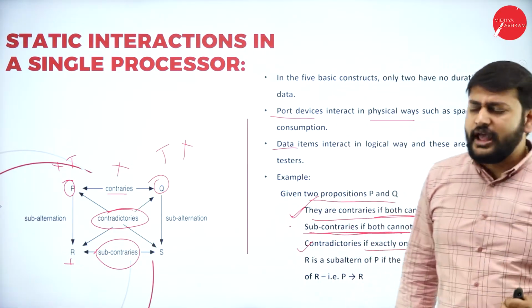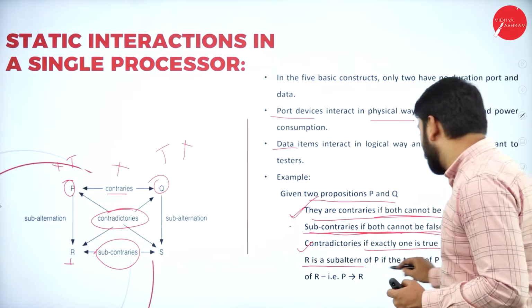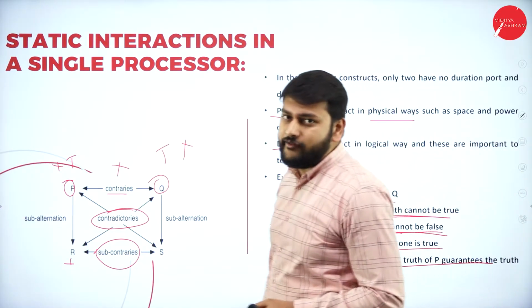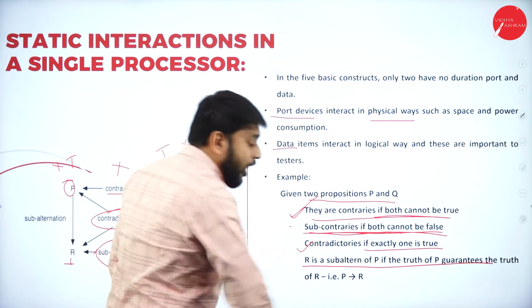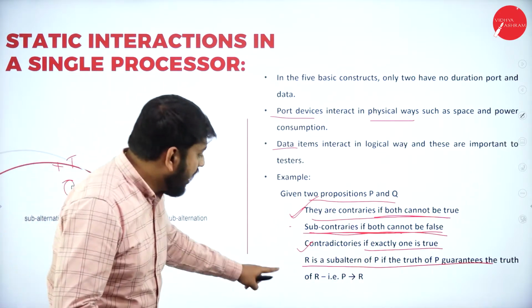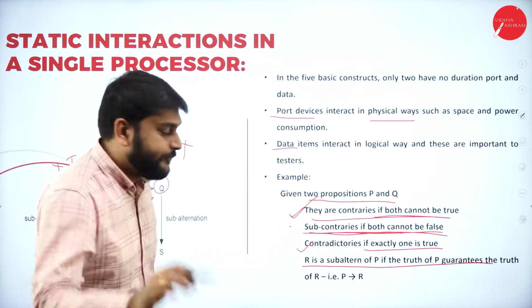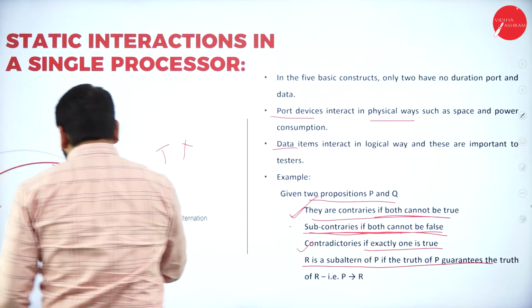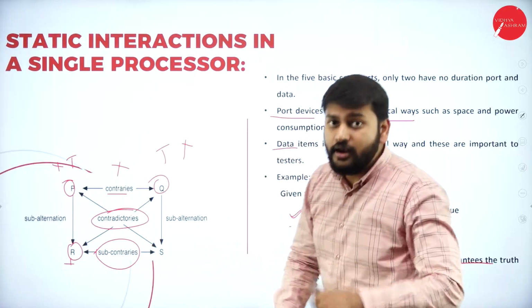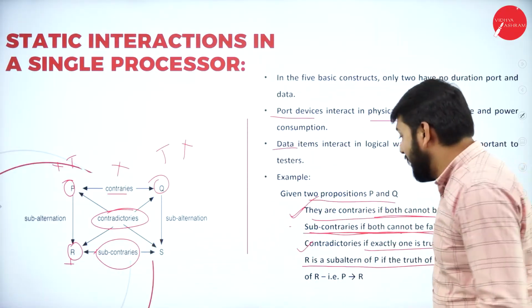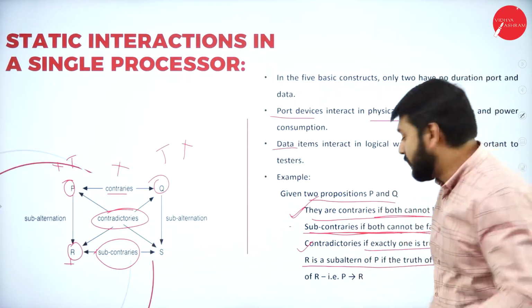What is the fourth one that I have? The fourth one, please observe here. R is a subaltern. Observe carefully. R is a subaltern of P. So they are speaking about this R. When it is a subaltern of P, listen carefully, I will explain.